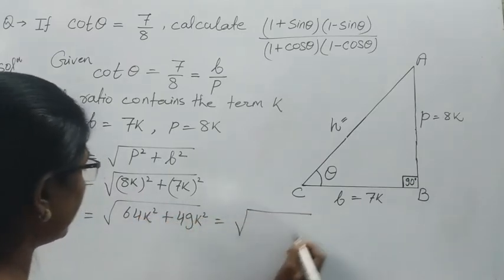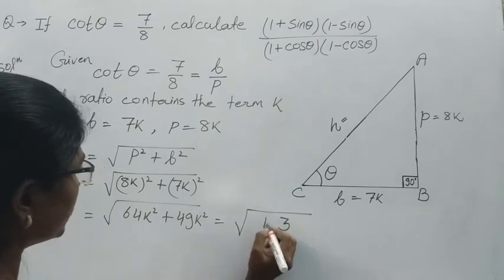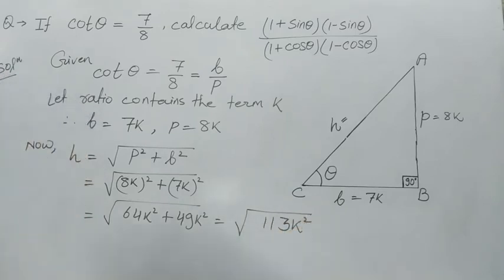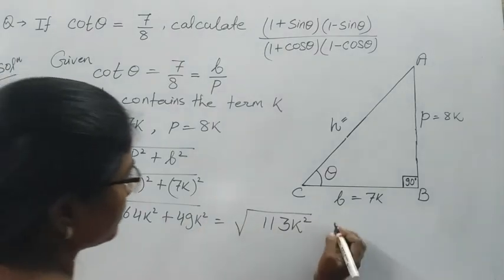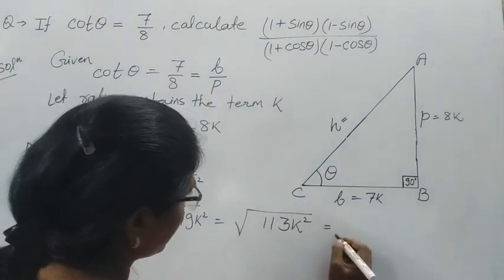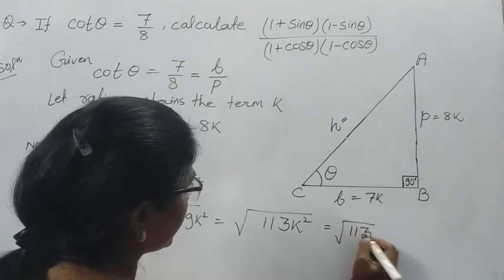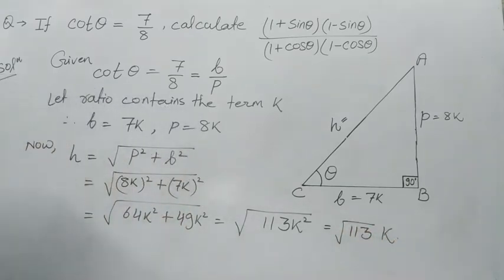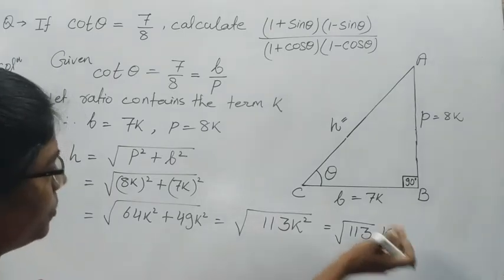After adding, we get 113k square, and after simplification only k can come outside the root symbol, so root 113 into k. So hypotenuse is written as square root 113 into k.